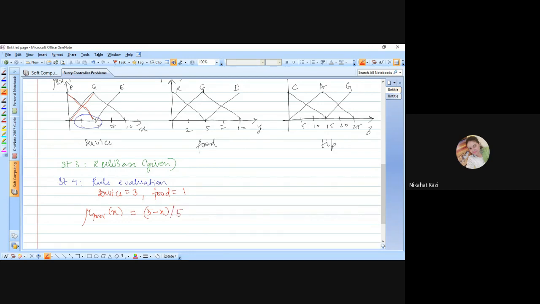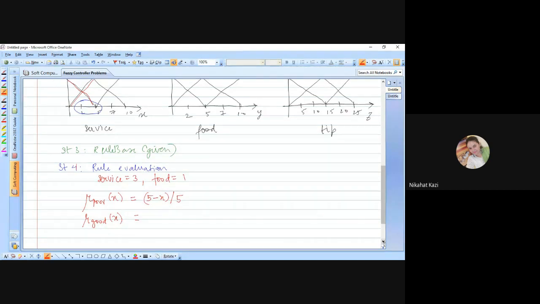Yes. And the second one is good. What is the equation of this line? The second line. It is x divided by 5, right?